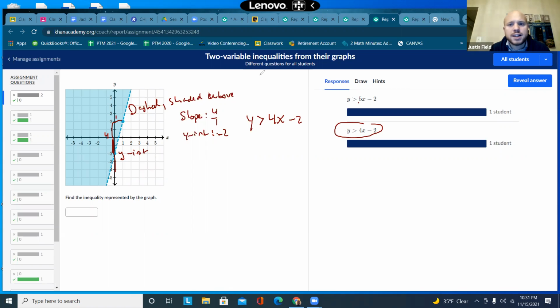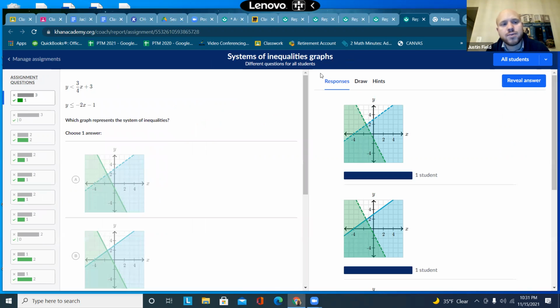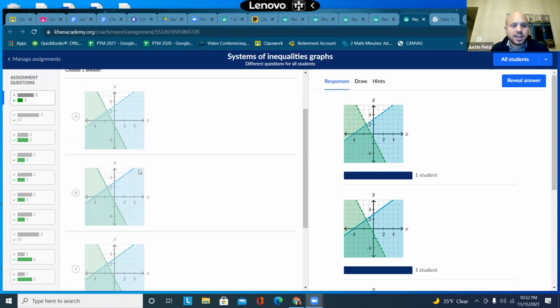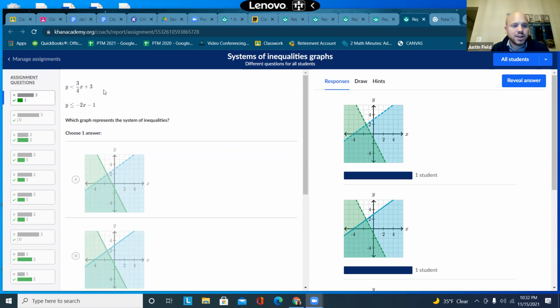All right, and last one. Which graph represents the system of inequalities? We're just going to graph both lines and shade both times. The nice thing about this one is you can just look and see if they got the solid and dashed right.